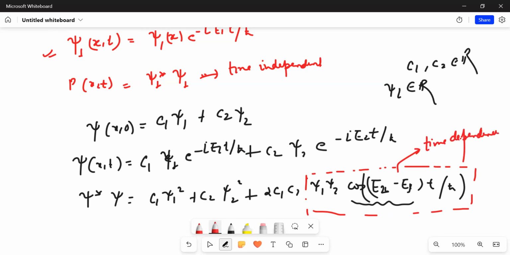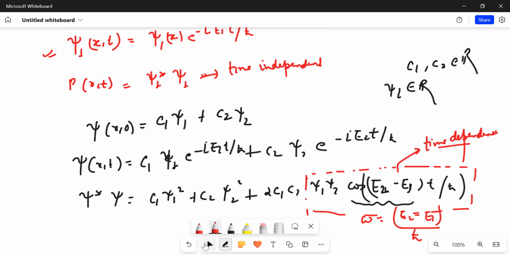However, if a quantum mechanical system is entirely expressed in terms of psi1, then it is fine. But if it is expressed in terms of a linear combination, then one can see that this probability density oscillates sinusoidally, with the angular frequency omega given by E2 minus E1 upon h bar. And certainly, it is not a stationary state because of this time dependence.